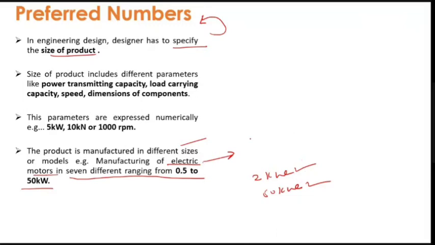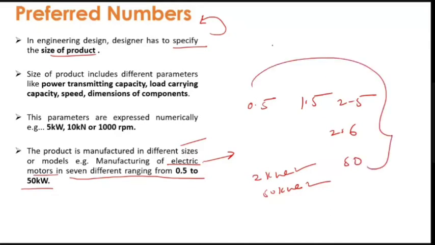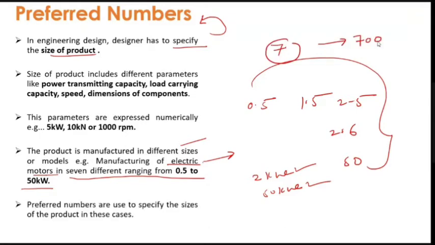Now the question is, how will you select the range? Can you do this randomly? Let us say I am selecting 0.5, 1.5, then I am selecting 2.5, I am selecting 2.6, then I am selecting, let us say, 50. So in this random process, instead of manufacturing only 7, I will go on manufacturing maybe 700 motors.